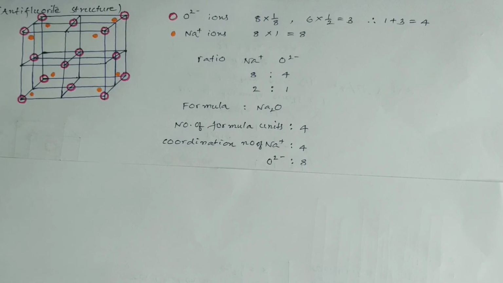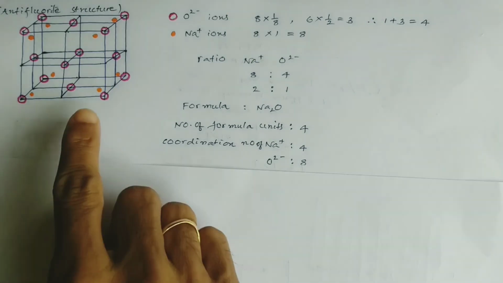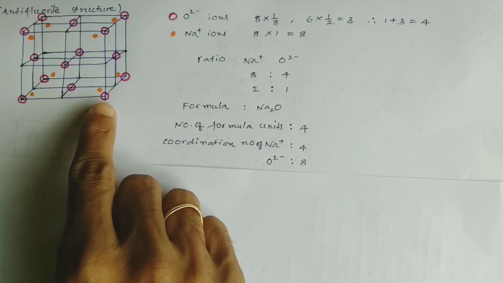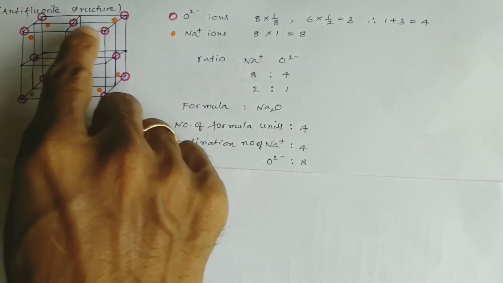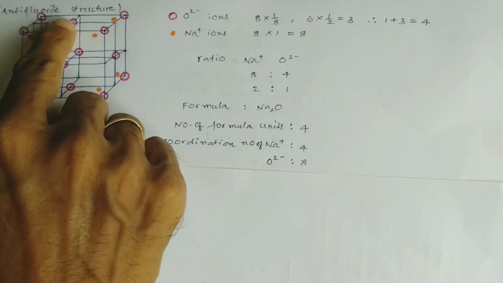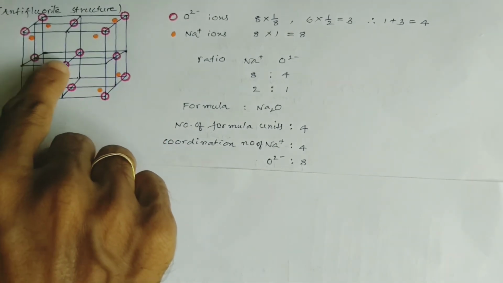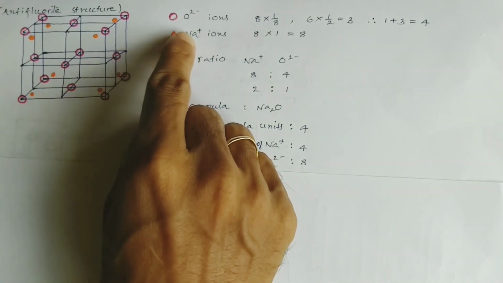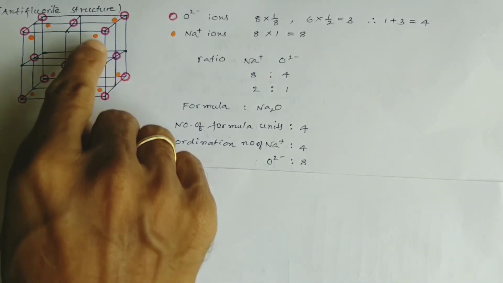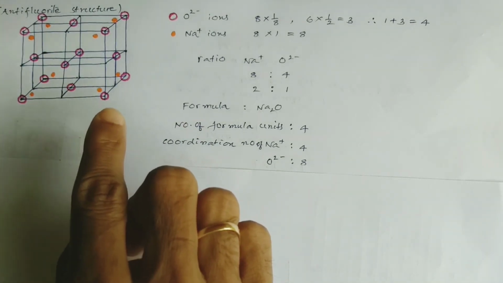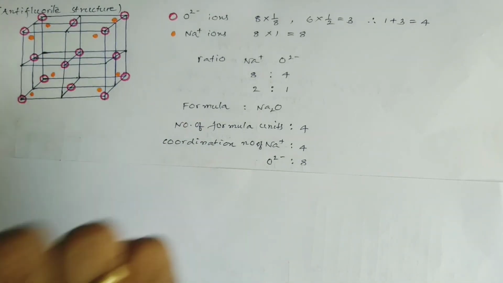Contrary to this, in this structure, we have anions making the lattice points. That is, they are occupying the corners and faces. Whereas the smaller cations, that is Na plus ions, they are occupying the tetrahedral voids. So that is the reason why this is known as anti-fluoride structure.